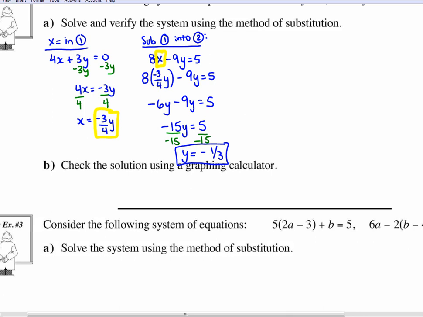Sub y equals negative 1/3 into any equation. I'm going to do the easy one, the one we already made, x equals negative 3 over 4 times y. It doesn't matter which one.